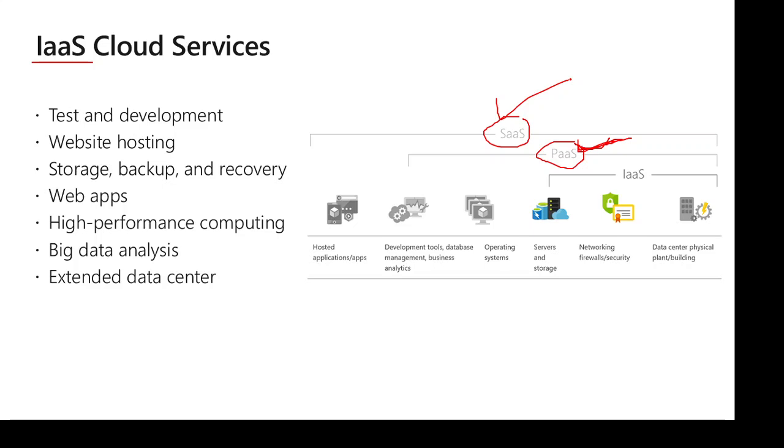But in most scenarios the customer says, I can see there's a SaaS service and a PaaS service, but I still want an IaaS virtual machine based solution, because my application is legacy, or I cannot trust shared services. I want my own virtual machine. In that scenario we go for IaaS as a solution.